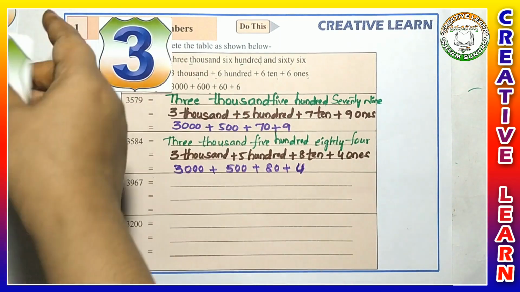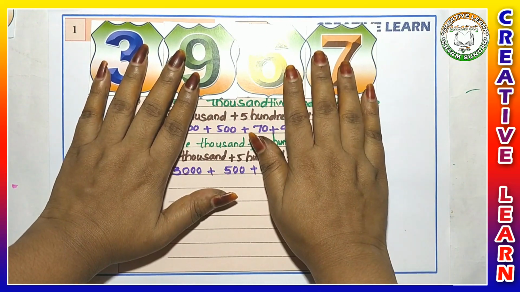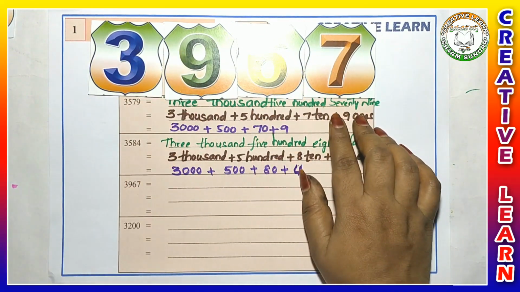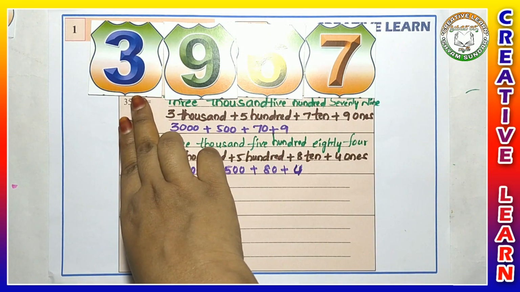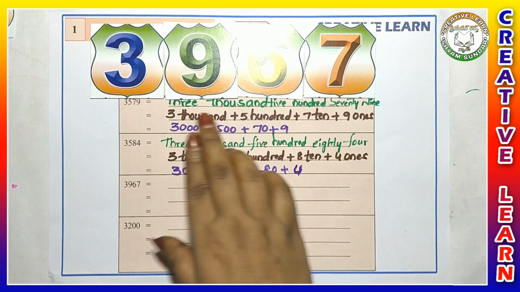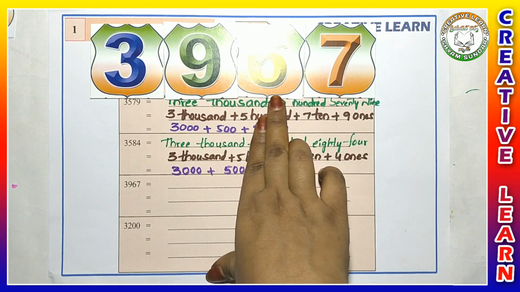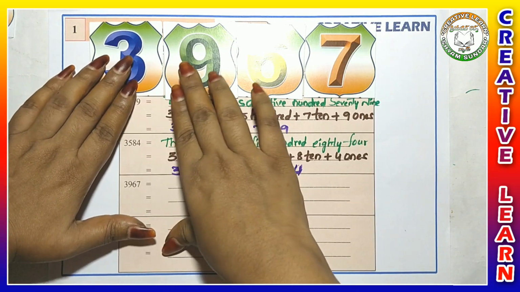Now next number: 3967. Let's see the places first: ones, tens, hundreds and thousands. Now what is the number name? 3967. Here, how many thousands are there? 3 thousands.